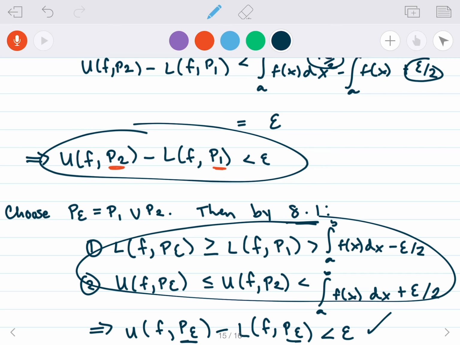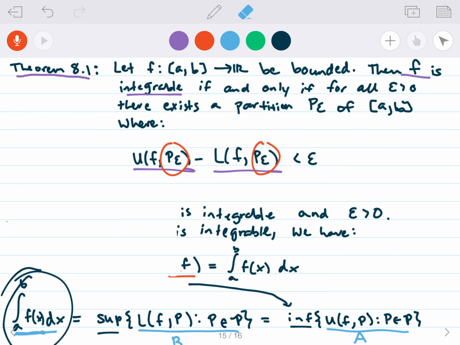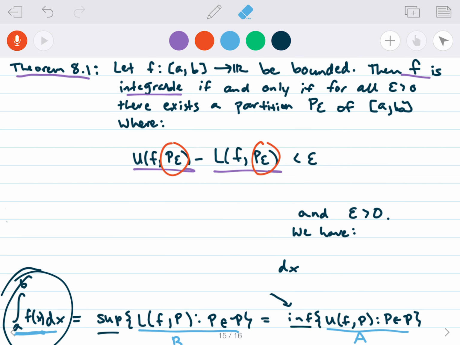Okay, so let's do the other direction. I'm going to go ahead and erase some stuff because I'm out of room. So we just did the forward direction. The backwards direction isn't as bad. It's not as involved. So let's go ahead and erase.